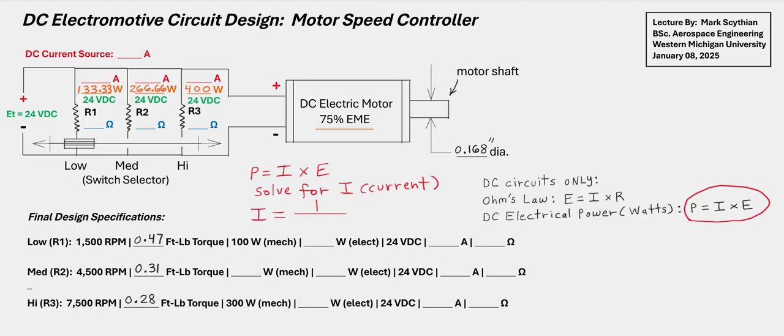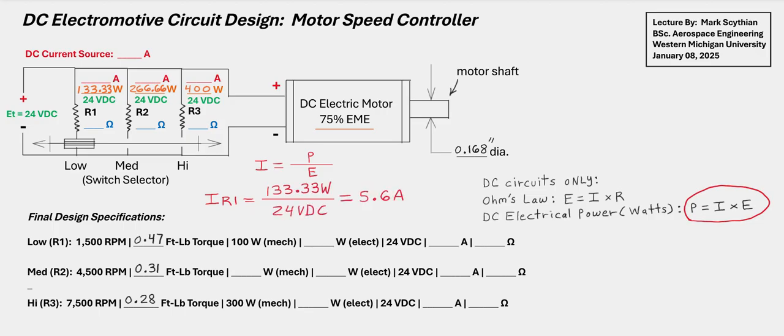So algebraically, that becomes power divided by voltage is the current. So now we can solve for the current at resistors 1, 2, and 3. And that's simply the power calculated at each resistor divided by the constant voltage, 24 volts. So we carry that out in the same method, and we get these current values.